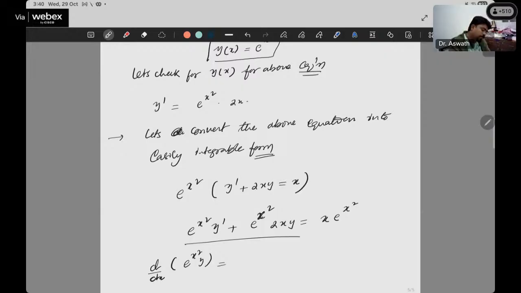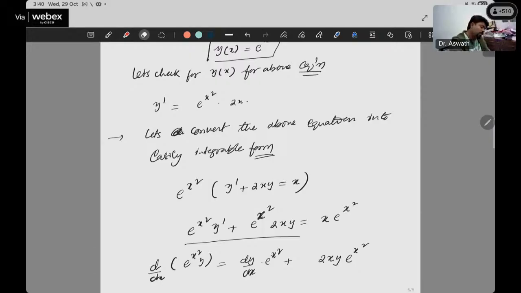Let's try this: it would be dy by dx exponential x square plus y into 2x exponential x square. So this is what I have.